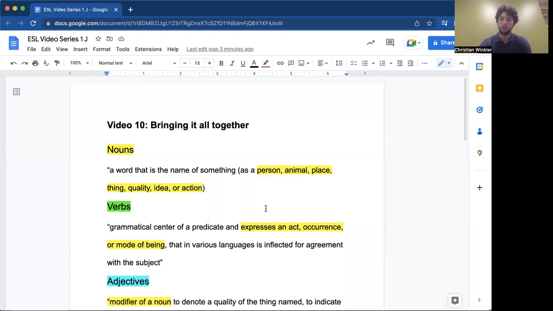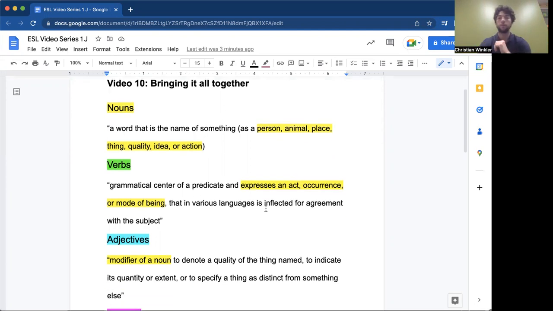So basically what we're going to do is go really quickly through all the condensed definitions from Webster's Ninth Collegiate Dictionary, and then we will do an example sentence right at the end. So here we go.